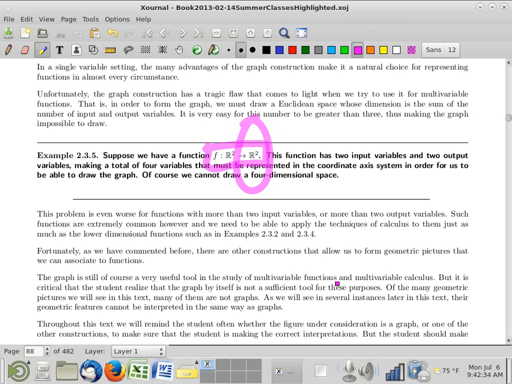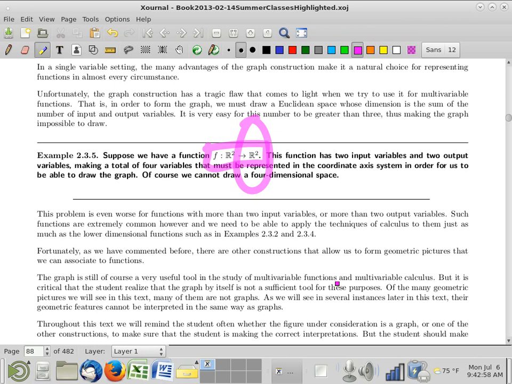In fact, we're not even going to try to draw the graph of this function, because let's think about what the result would be. If I have an equation that involves taking the output values, which are in terms of these two input variables, and setting each one of the two of them equal to a new variable, grand total, there's 4 variables.